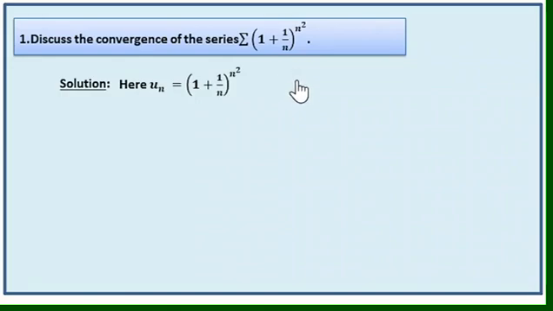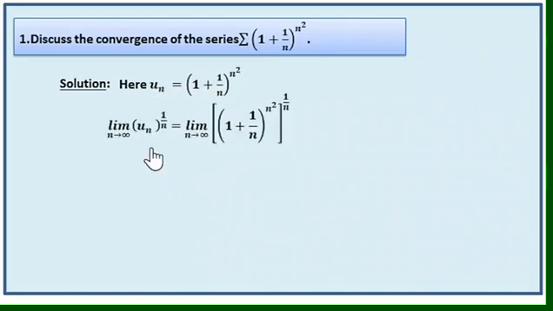Let us find the limit of un power 1 by n as n tends to infinity. Now substitute for un here. Un is 1 plus 1 by n to the power n square, whole to the power 1 by n. That is 1 plus 1 by n to the power n square into 1 by n. One n cancels, that is we have 1 plus 1 by n to the power n.